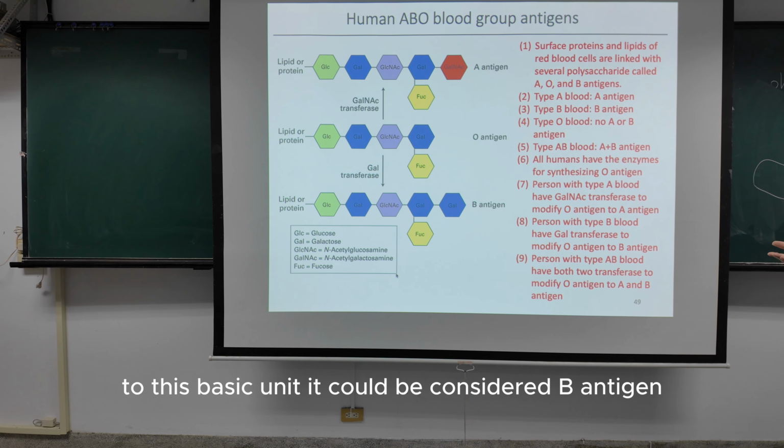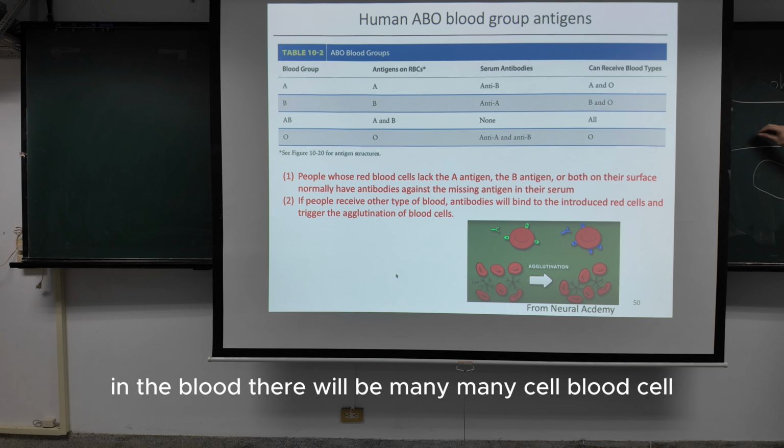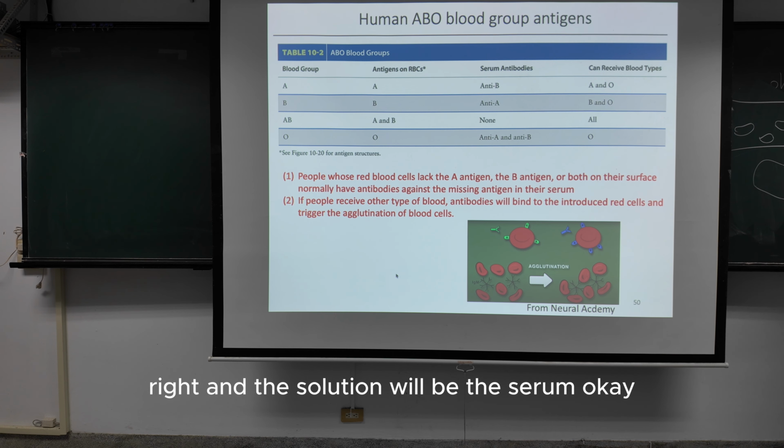Okay, so in the bloodstream, this is a blood vessel. In the blood there will be many blood cells, right? And the solution will be the serum. So we have A antigen, B antigen, or AB antigen.